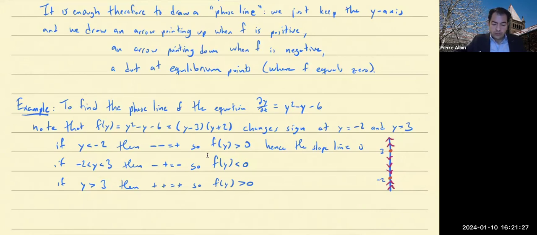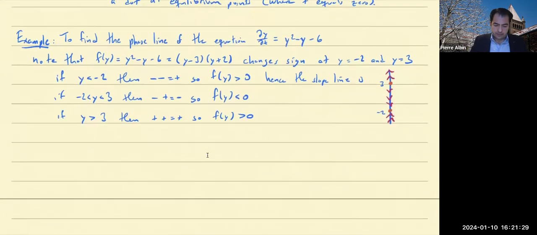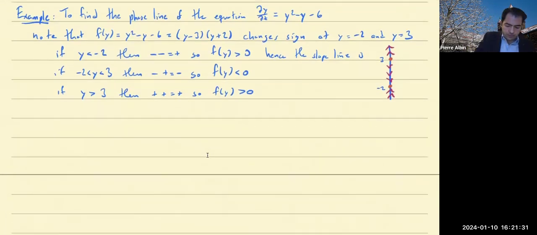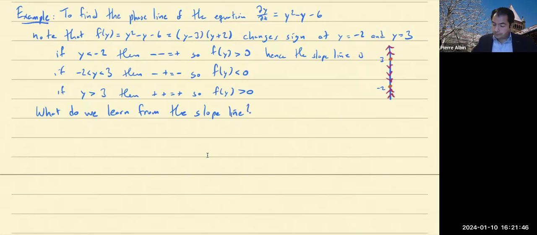Okay, so what do we learn from this? What do we learn from the slope line? Well, let's think about what happens to points that are not at equilibrium, but they're close to equilibrium.